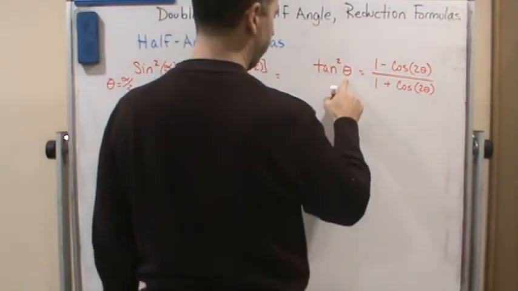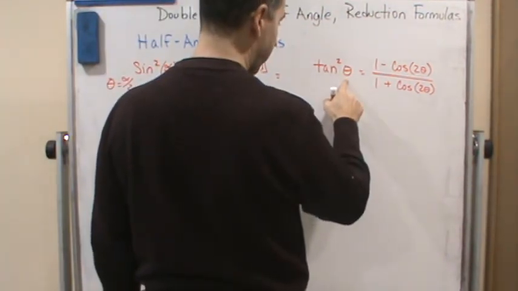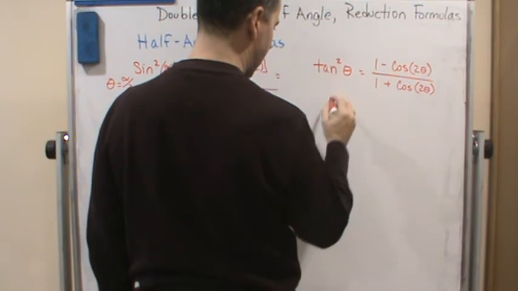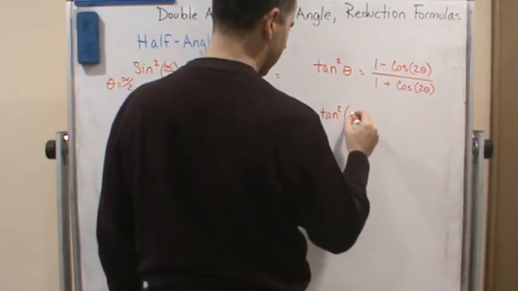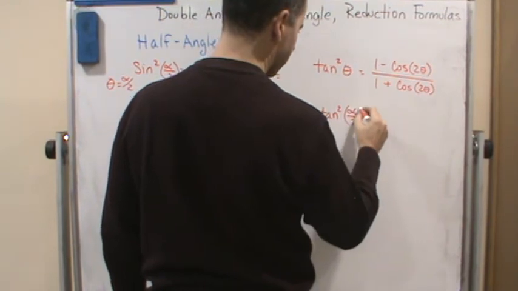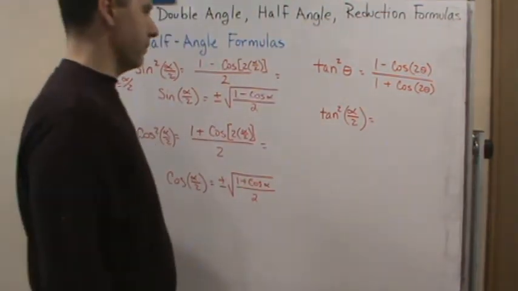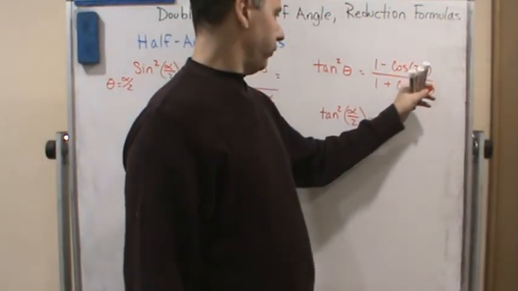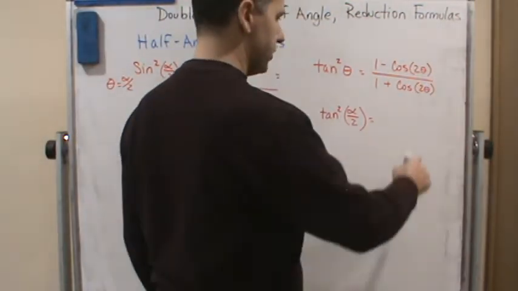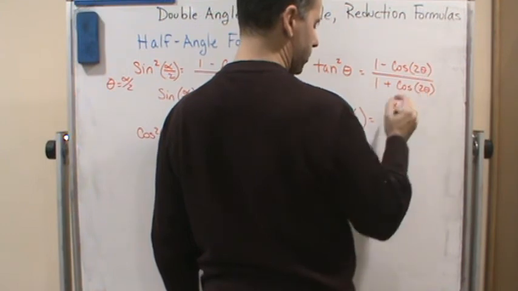But then if we replace theta with alpha over 2, tangent squared of alpha over 2, well then what happens? We're going to get alpha over 2 here and alpha over 2 here, which is going to cancel with the 2.